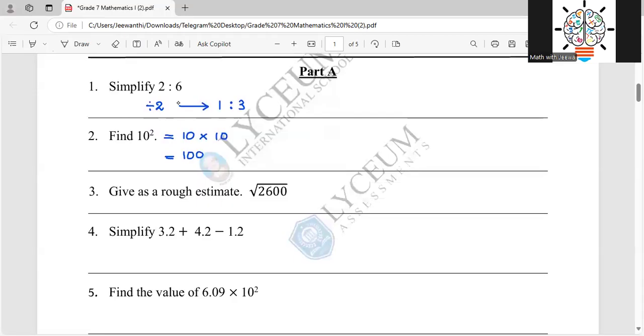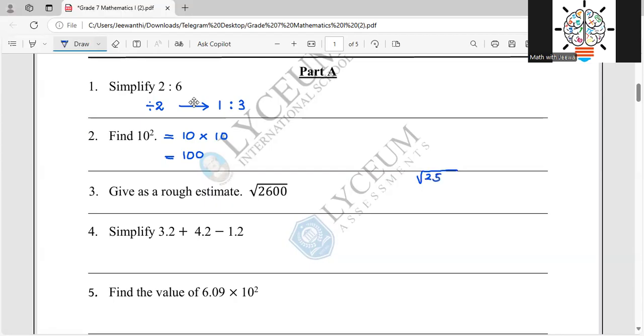So we will move to the next one, where we want to get a rough estimate of the square root of 2600. Now, when you take 2500, what will be the square root value? It is 50. We know that. These things we should know, right?